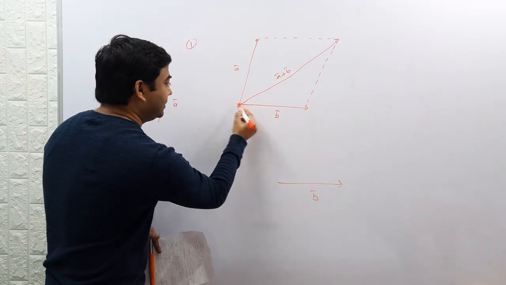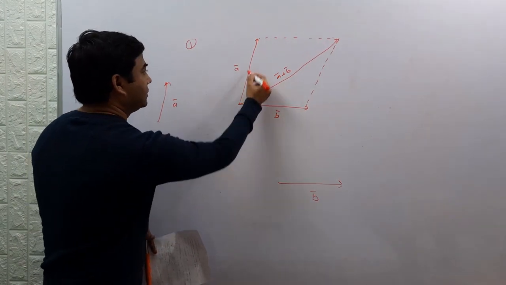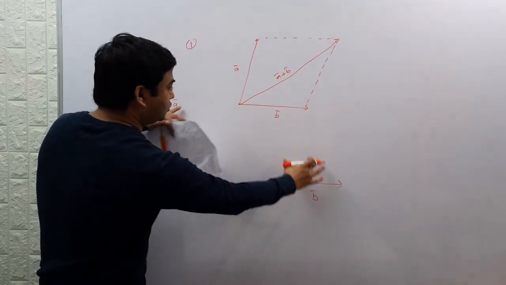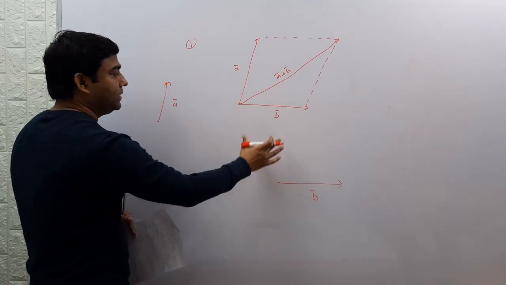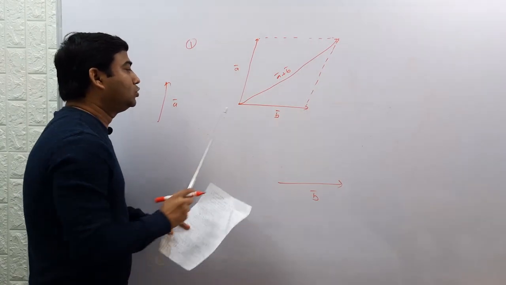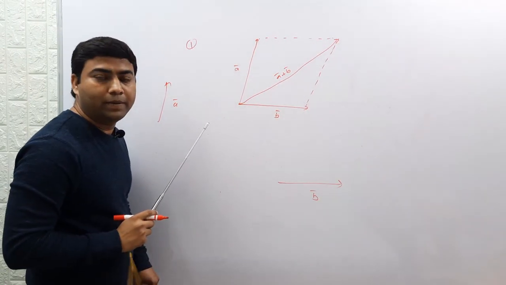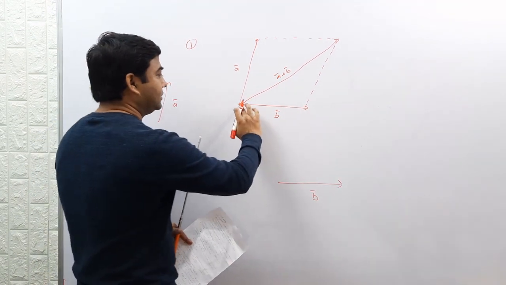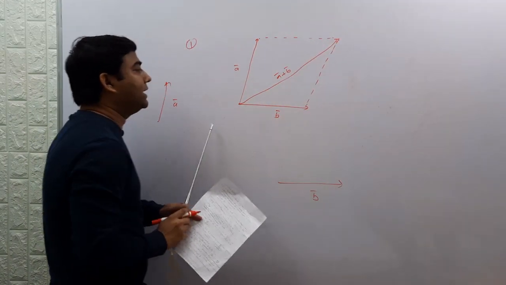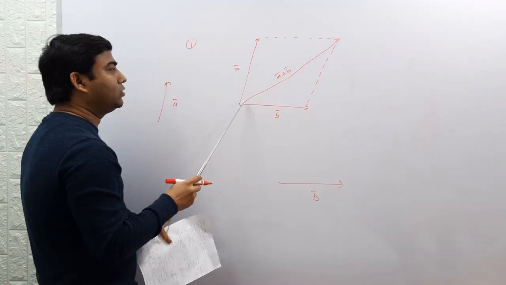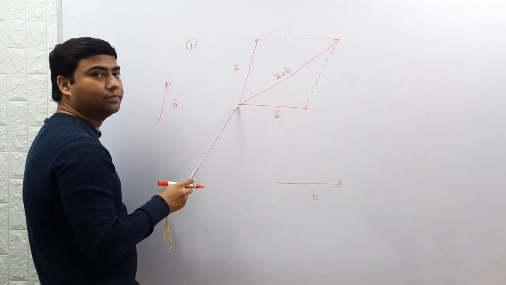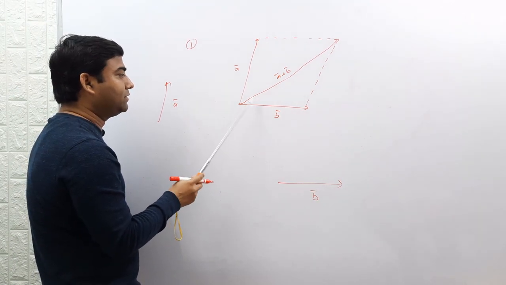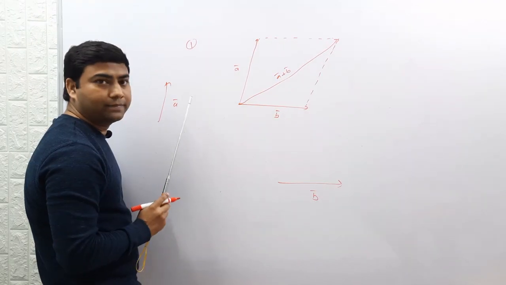From the same tail, draw this vector A parallel to this. Transfer these two vectors in such a way that they make two adjacent sides of a parallelogram starting from the same point. The resultant vector will be represented by the diagonal of this parallelogram starting from the same point where the two vectors being added were starting.